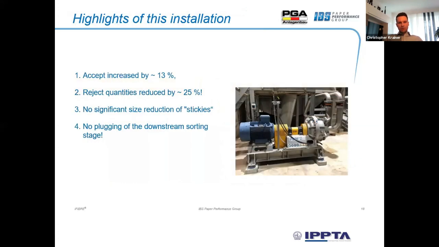To highlight this project once more: we have increased the accept up to 13%, reject quantities reduced by 25%, no significant size reduction of stickies, and no plugging of the downstream shortening stage.